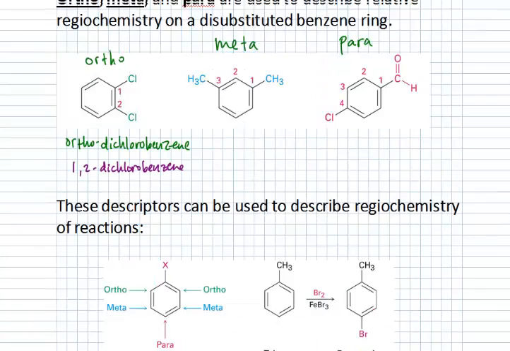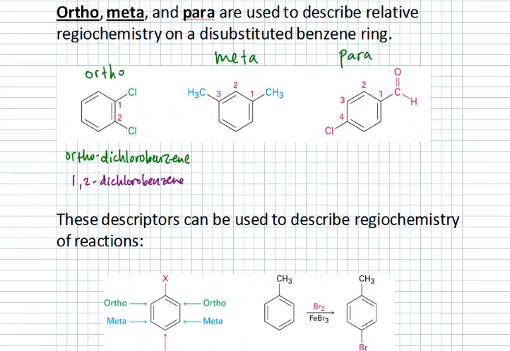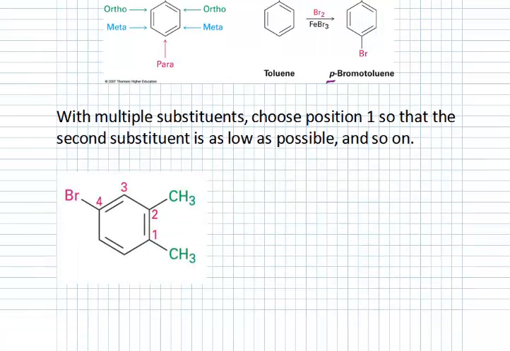So this is a good reminder here. We use O or M or P for ortho, meta, para. The letters themselves are equally acceptable.